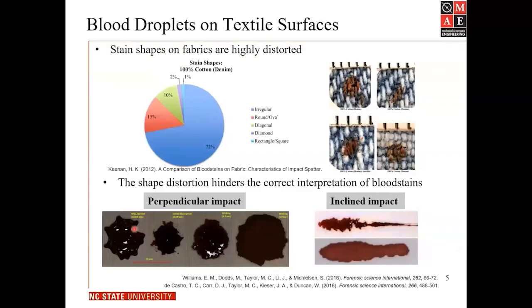You can also see here, for example, a stain right after impact and after it dries, after the wicking. There is little connection between these different stages. Because of this complexity and distortion of the stains, the interpretation of bloodstains on fabric surfaces becomes extremely difficult.